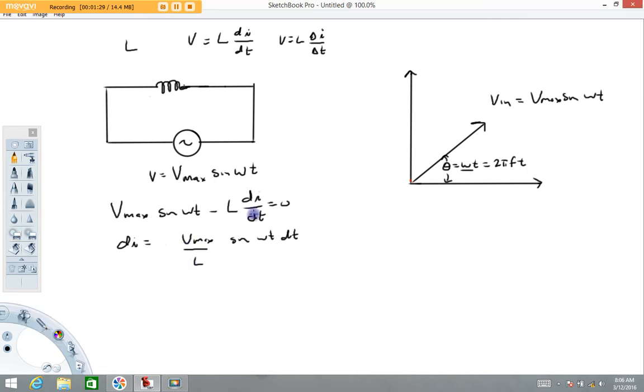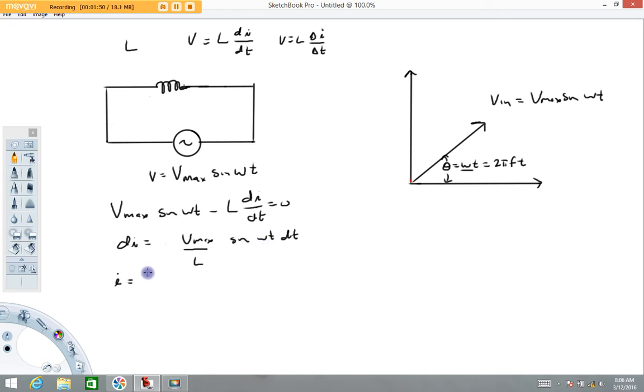All right, so all I did here is put this term on the right, divided by L, multiplied by dt, and we get this term right here. Now this is solved by integration or anti-differentiation. So the current is going to equal, now this is a constant, and the antiderivative of sine omega t is minus cosine omega t over omega.